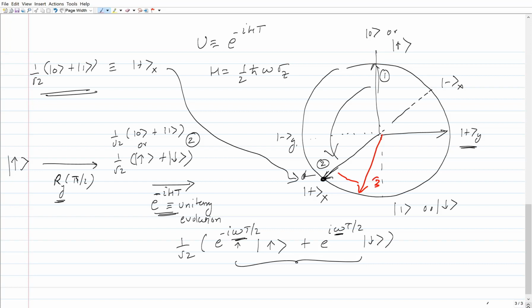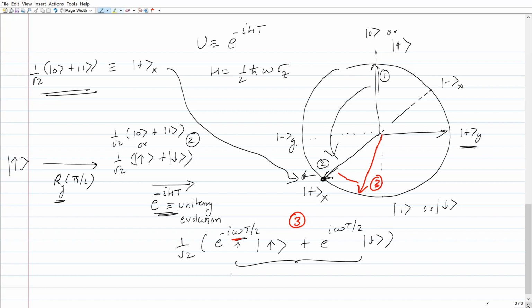This is my state 3, which is this guy, and this rotation is going to be proportional to omega. So I already have the information about the parameter I was supposed to measure embedded in the state.